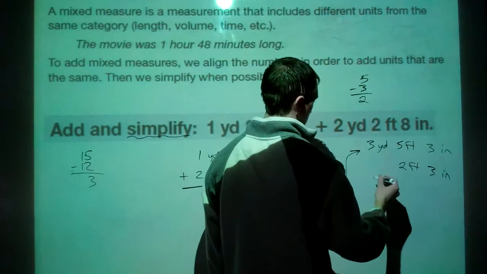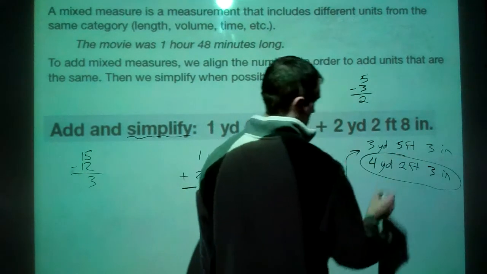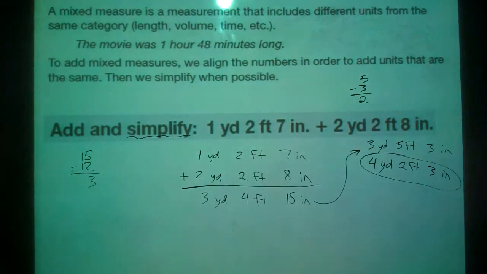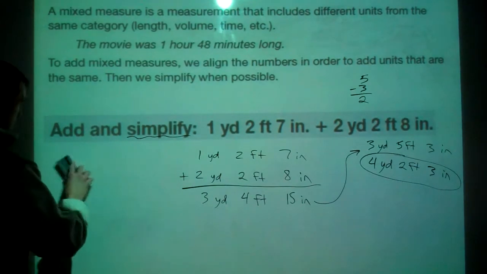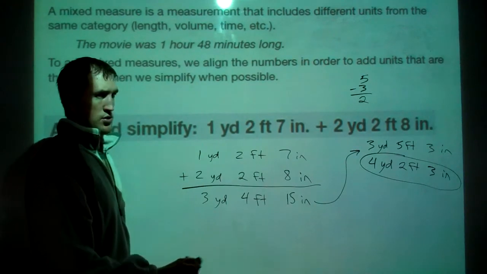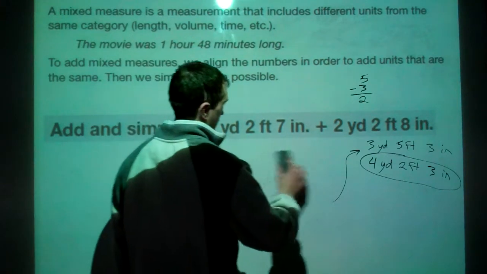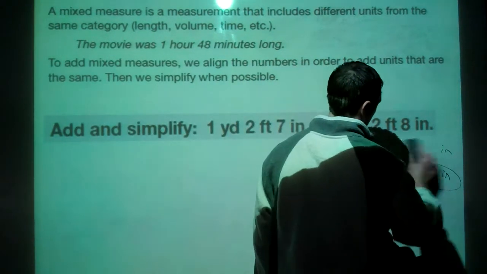So we have the 1 to the 3. 4 yards. 4 yards, 2 feet, 3 inches is what we would get there. So it's a lot of simplifying after we do the adding. It's kind of like regular addition where we carry things over and add on once we carry the 1 or things like that.